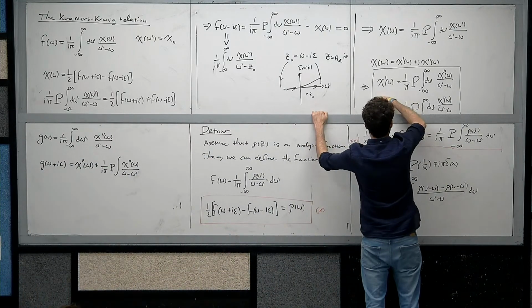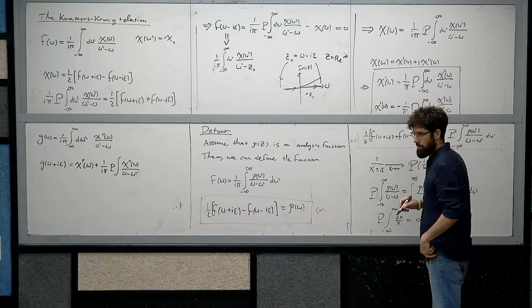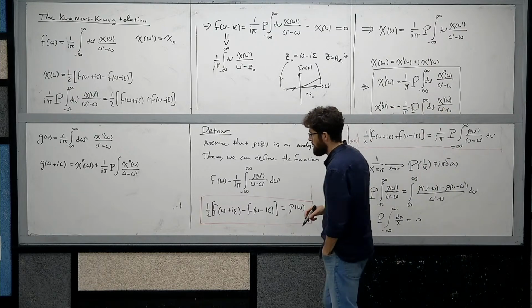Right. So this chi double prime of omega is minus, right? Yeah. Good, thanks.